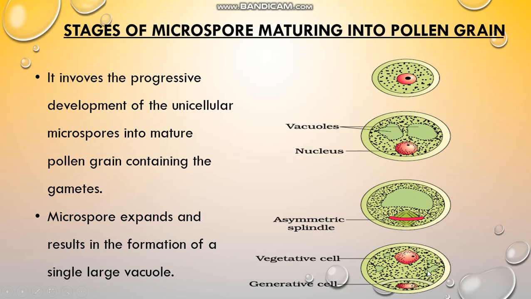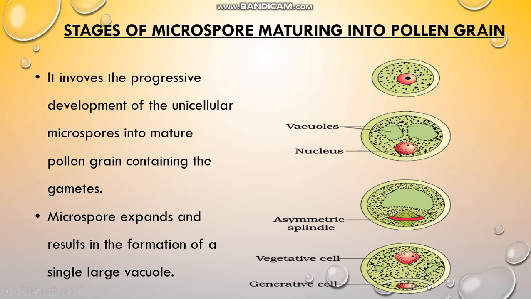This two-celled structure is known as pollen grain. The two cells which are formed are the vegetative cell and the generative cell. The vegetative cell is the larger one, bigger in size, and rich in food reserves. A lot of food reserve is present in it, and it has a large irregularly shaped nucleus.